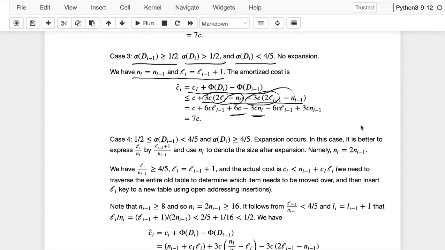So now let's see that this gets canceled, this gets canceled, so merge c and 6c, we get 7c. So that is still a constant. So the expected amortized cost is bounded above by 7c.